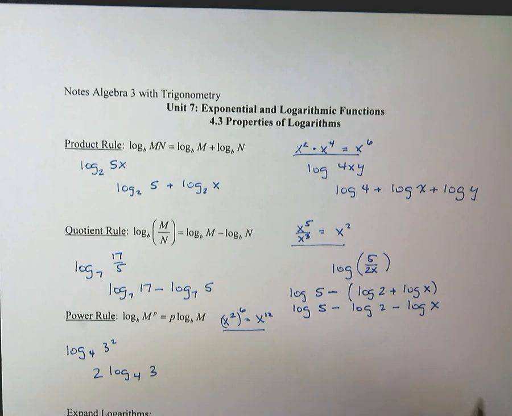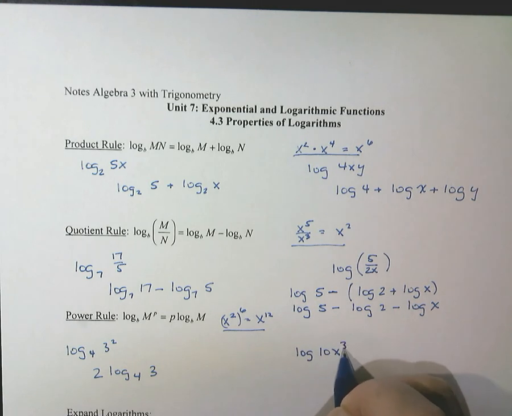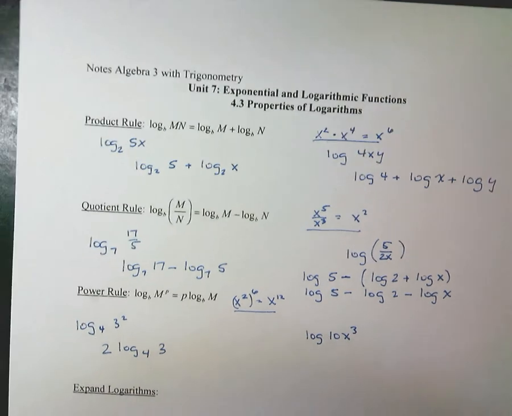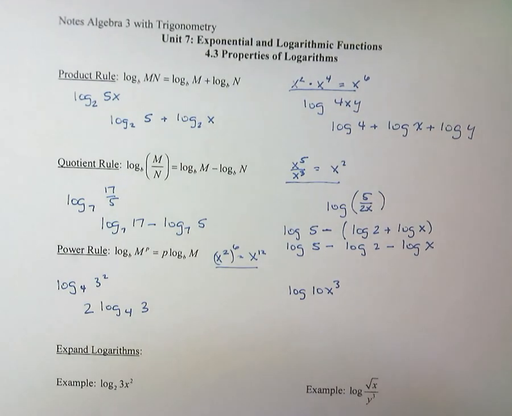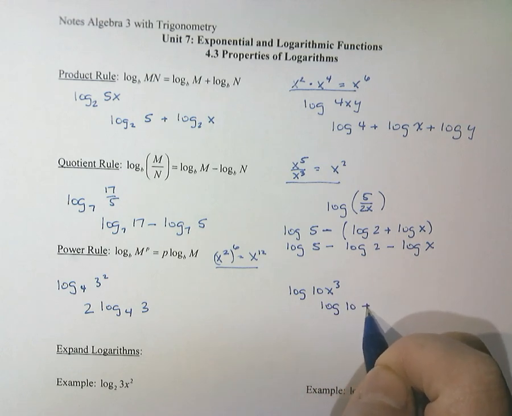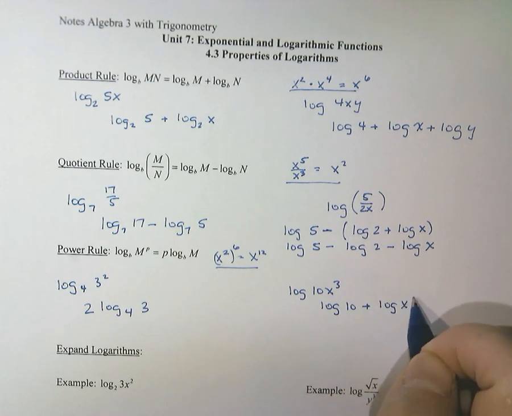If I have more terms, say I had log 10x cubed. Well, the first thing I see is the product rule, because the 10 is being multiplied by the x cubed. Be careful, that 3 is only the exponent on the variable x. Do not bring that in front. You're going to have to do it this way: log 10 plus log x cubed.